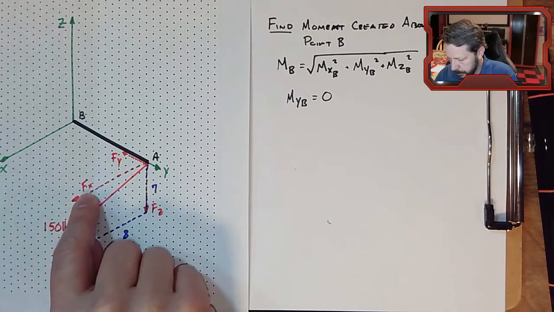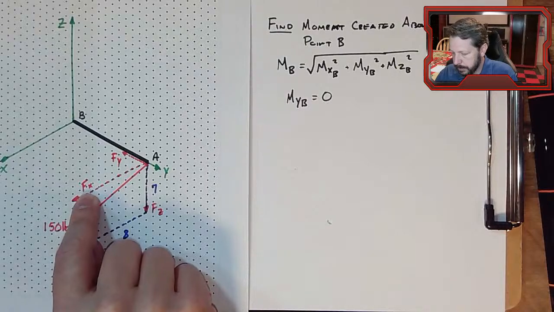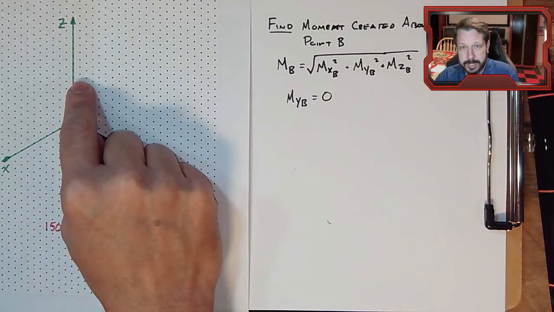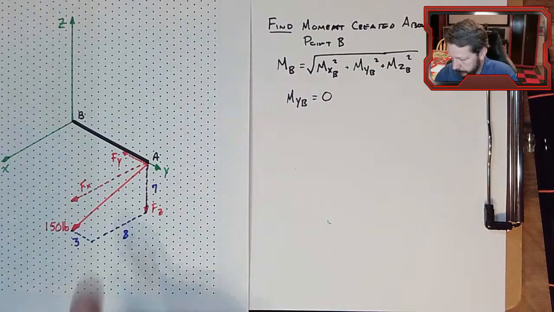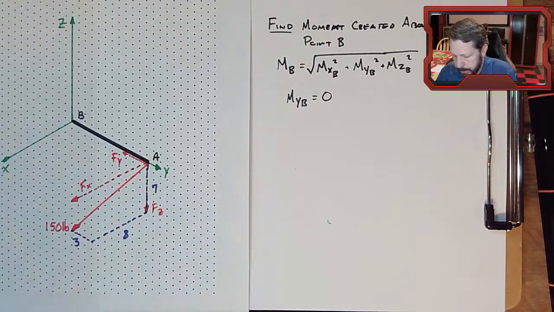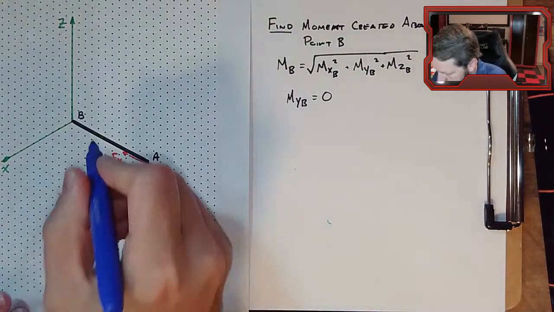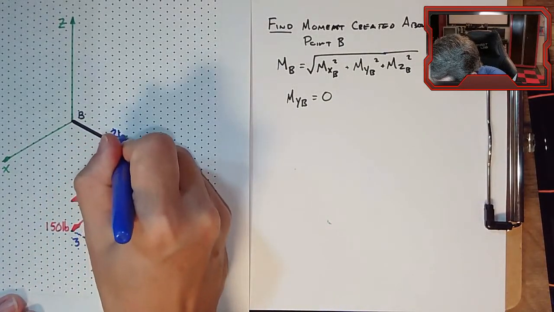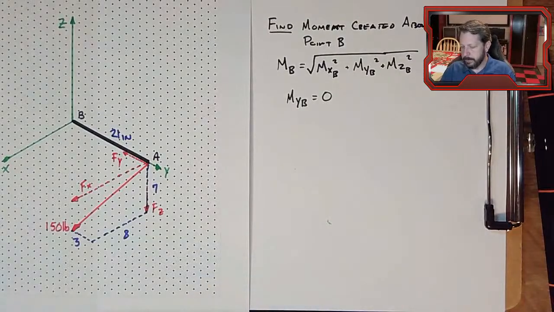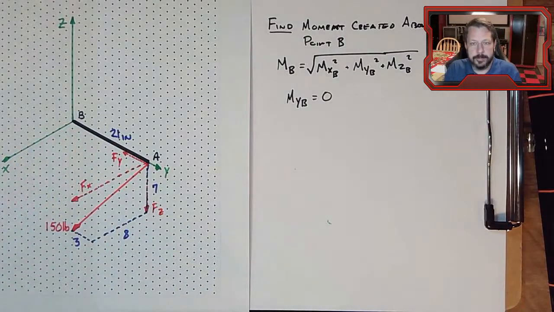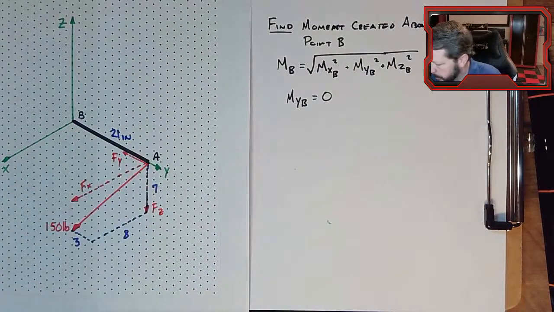So the force in the x direction does create rotation about the z-axis for this bar AB. It does have a length. I think I made it 21 inches from point A to B.